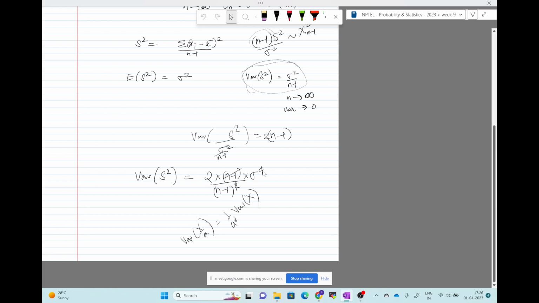So for these terms, as n tends to infinity, the variance will go to 0. So this may be correct. Yes, sir.